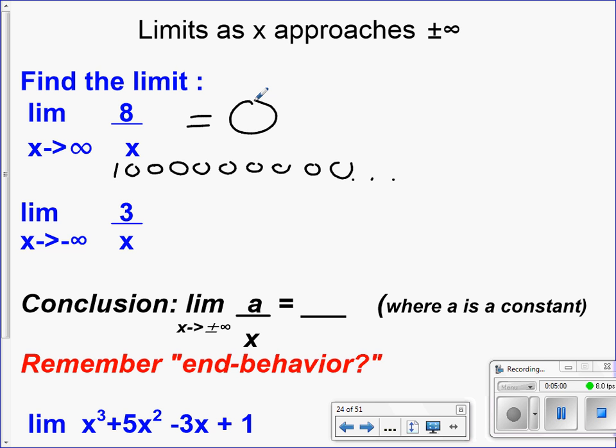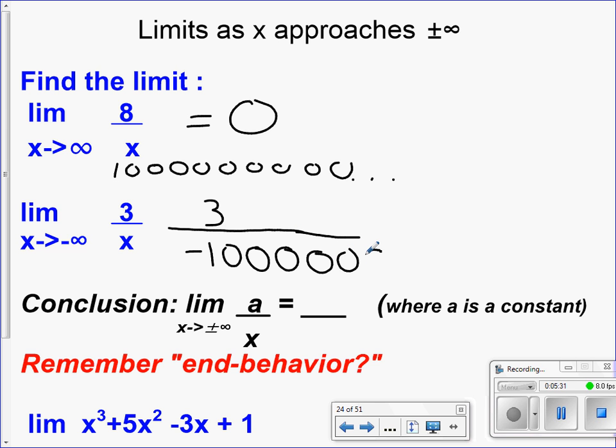Take a look at one of these. Suppose I want the limit. This time x is going to approach negative infinity of 3 over x. So we're taking 3, and we're going to put it over a denominator that's getting more and more negative. Maybe it starts at negative 3, negative 3/10, negative 3/100, negative 3/1000, negative 3/10,000.